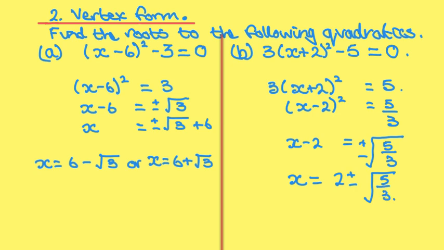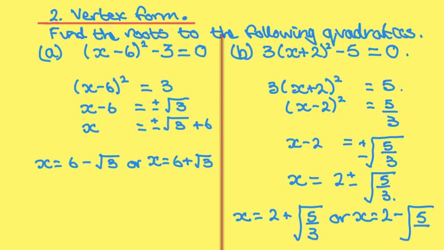So therefore the two solutions are x equals 2 plus the square root of 5 over 3, or x is equal to 2 minus the square root of 5 over 3.